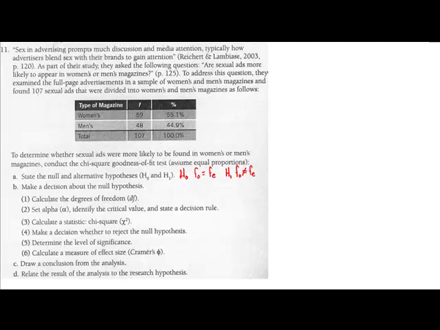Degrees of freedom equals the number of groups minus 1. So we have 1 degree of freedom. For 1 degree of freedom, the critical value of chi-squared at 0.05 is 3.84.